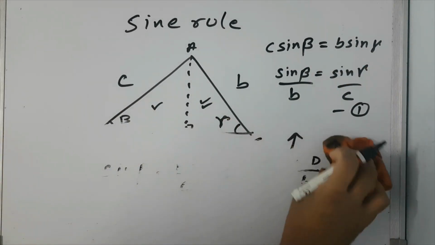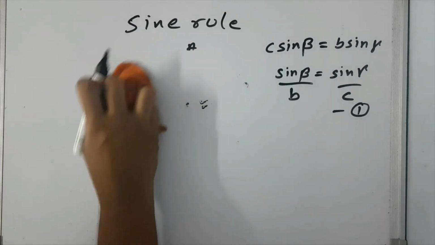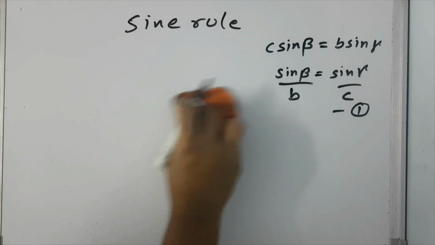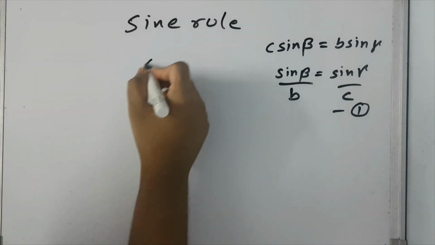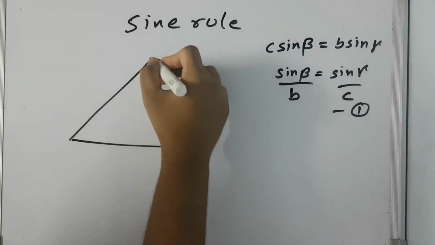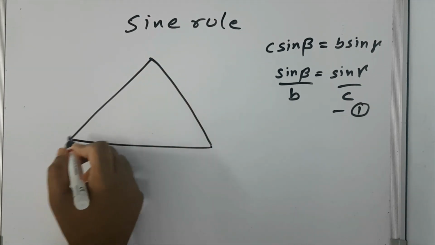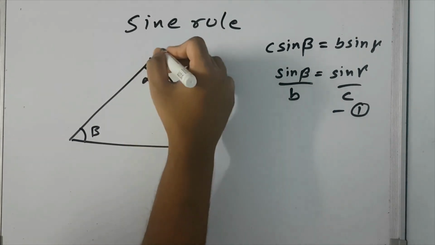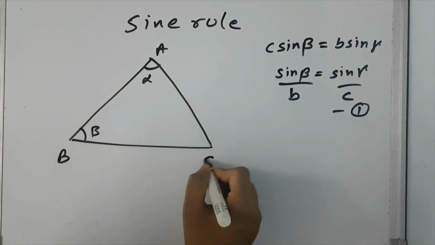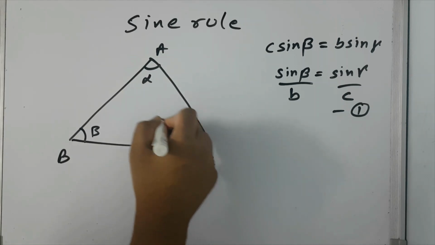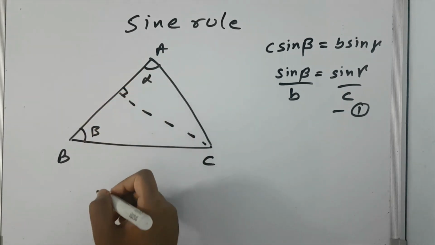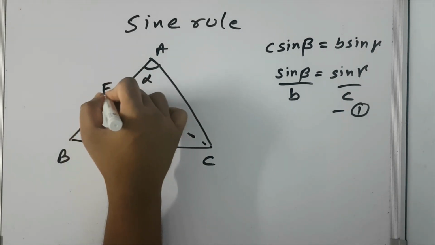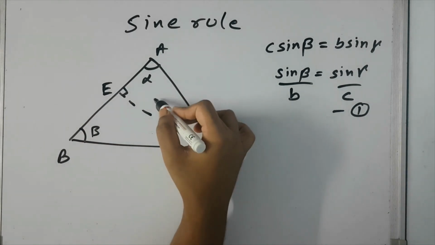Now take another pair. Let's look at beta and alpha. This is beta, this is alpha, and the triangle is ABC. Let's drop a perpendicular from C on AB, and let's call this E. Now look at this triangle.